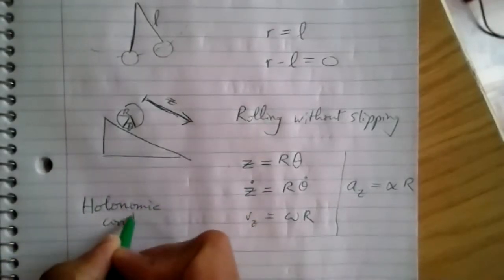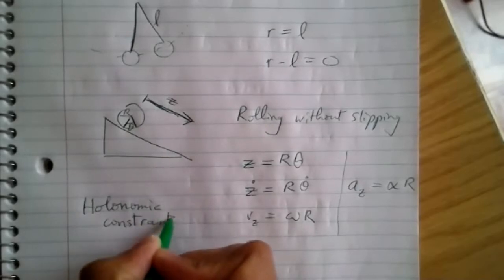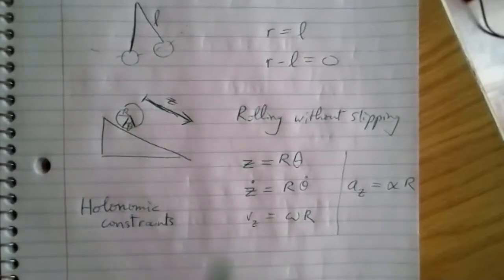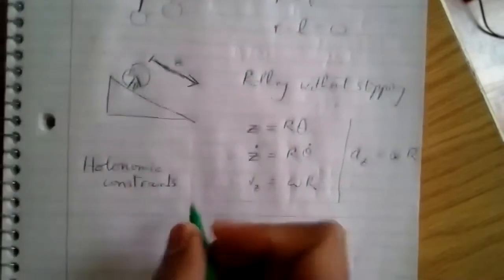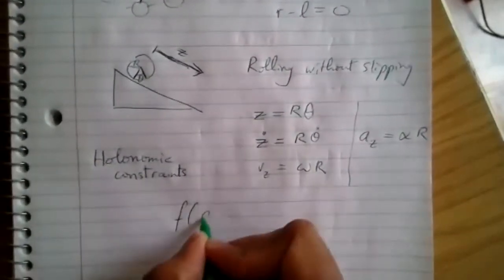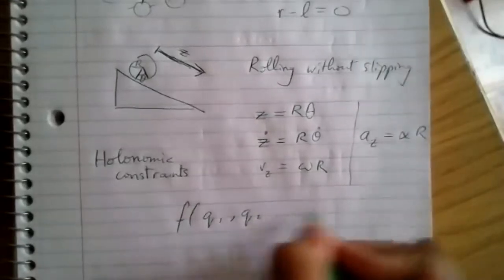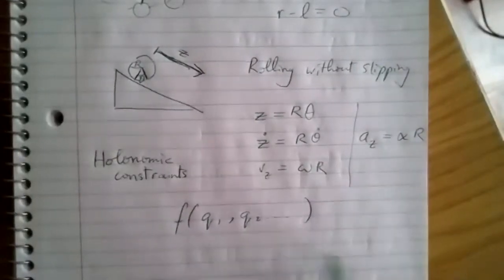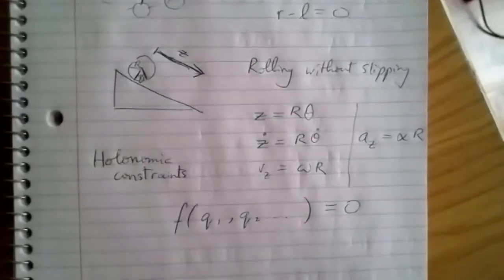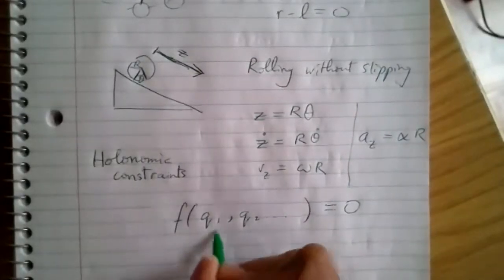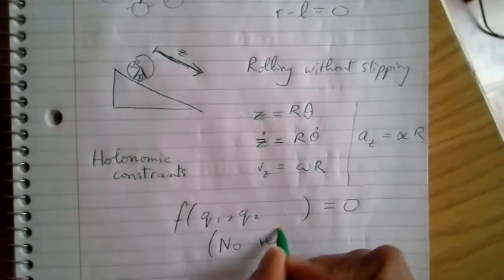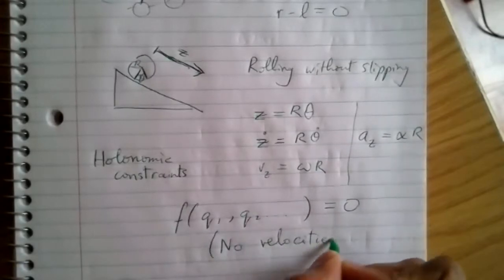They're basically constraints that can be stated in a simple equation of the coordinates. If you have generalized coordinates q1, q2, etc., you have some function of q1, q2, etc. equal to 0. But what's important is no velocities are involved.